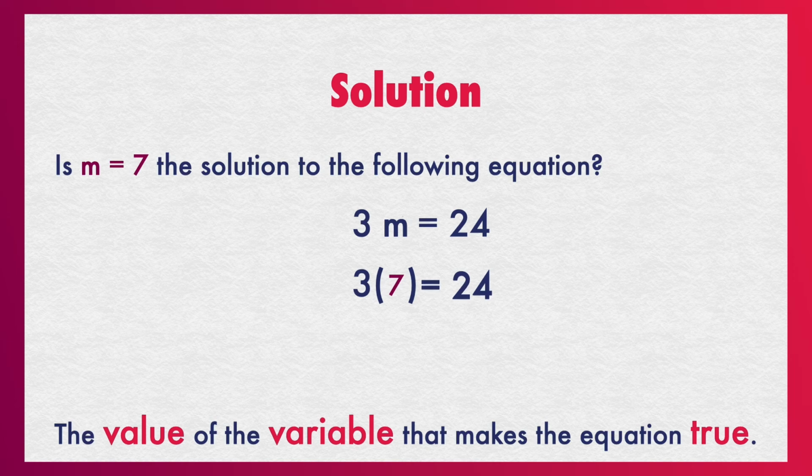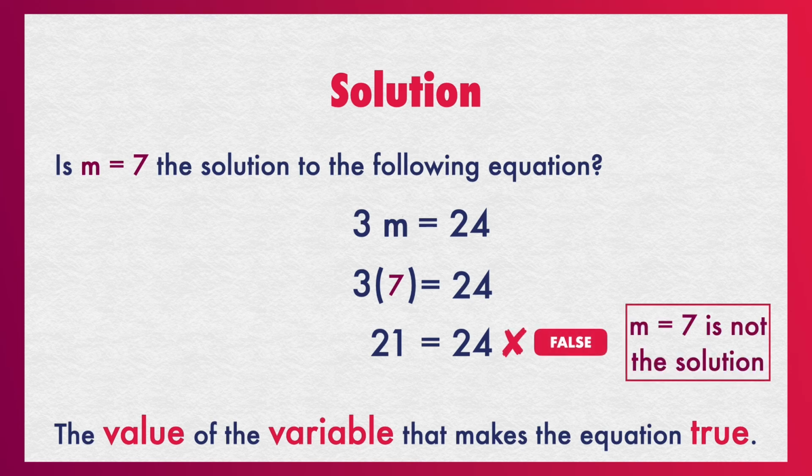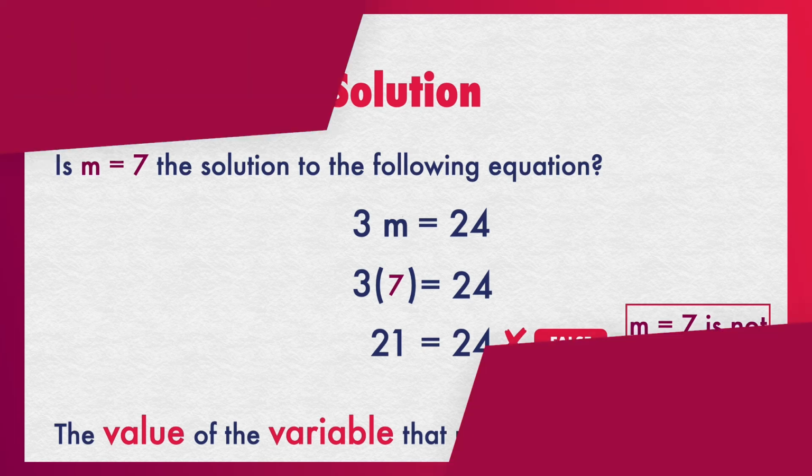So we multiply 3 and 7, which gives us 21. Since 21 isn't equal to 24, the value of the variable did not make the equation true, which shows us this is not a solution. So m equals 7 is not the solution to 3m equals 24.